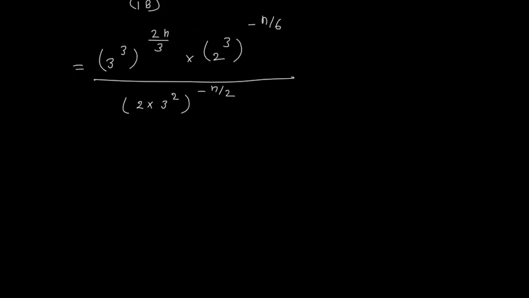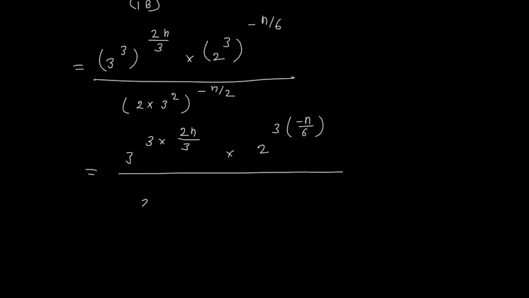Now this is 3^(3×2n/3) into 2^(3×(-n/6)), whole divided by 2^(-n/2) into 3^(-n).